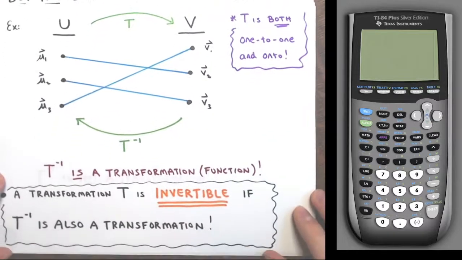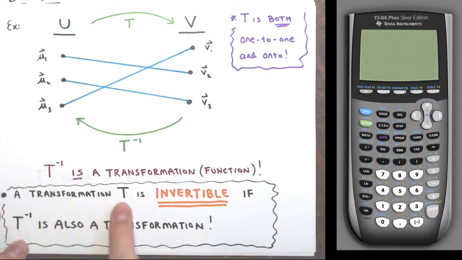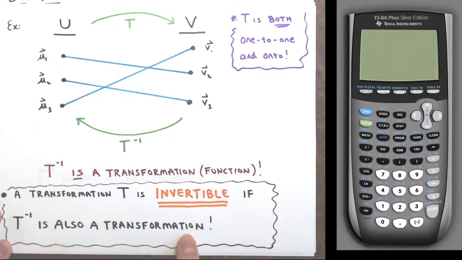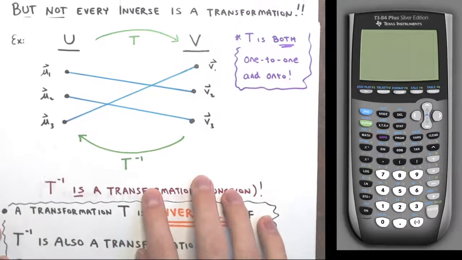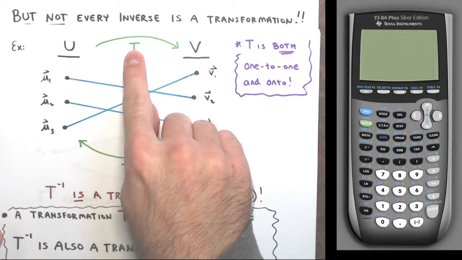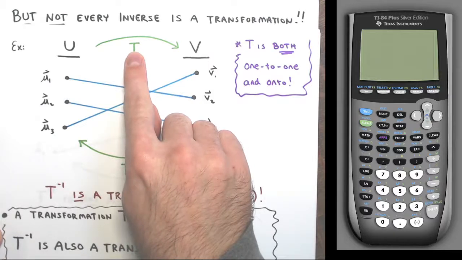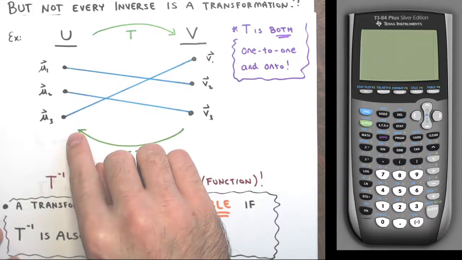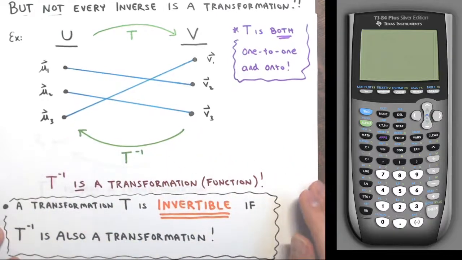A transformation T is called invertible if the reverse mapping, T inverse, is also a transformation. So this particular T up here would be called an invertible transformation because its inverse mapping, T inverse, is also a function.